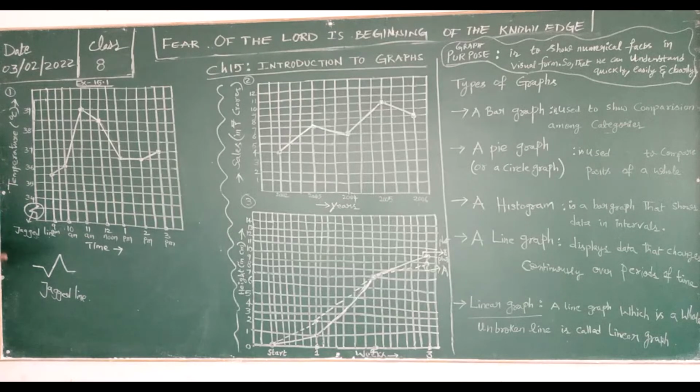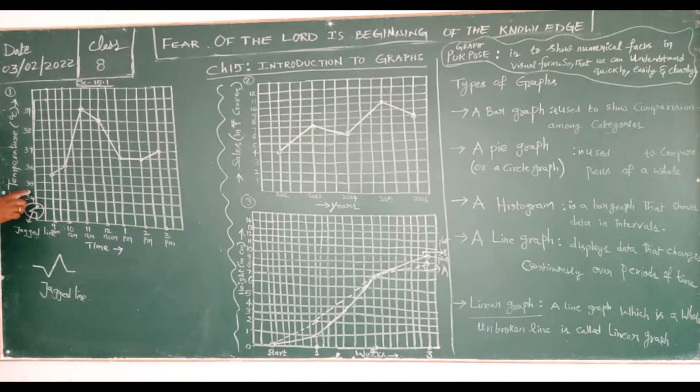Not only this, if I want to start from 39 also, I can start here at 39 and then solve the problem. This jagged line is important. Whenever you are unable to write from 0 onwards in the data, you need to draw this line and then you can continue your graph.